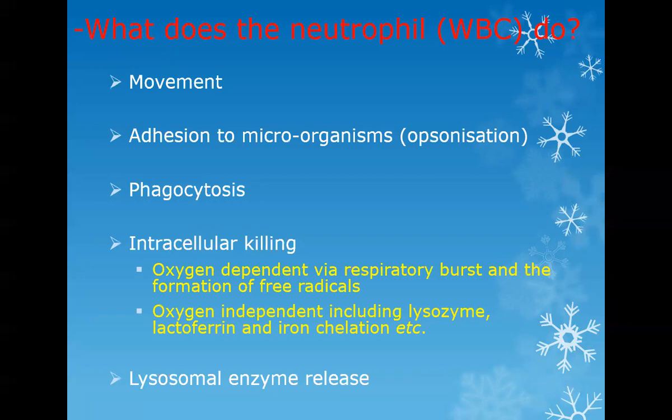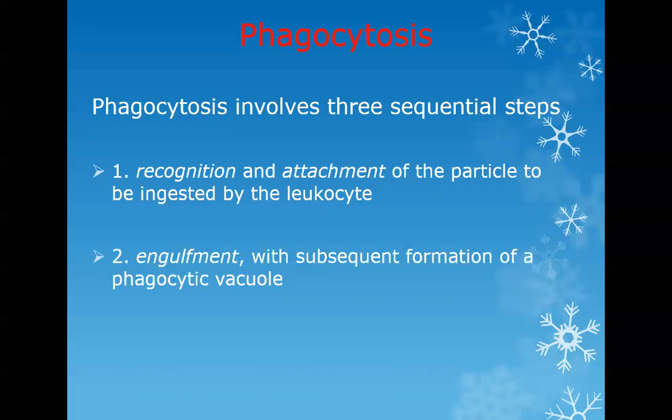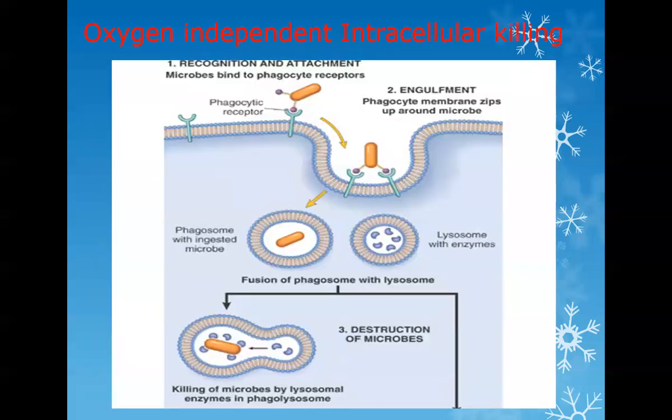Important one. Okay, so they recognize the bacteria with the phagocytic receptor. I have told you already. They engulf the bacteria, and finally they degrade and kill it. This is how it looks. We have the phagocytic receptor, which I have already shown in that picture. They recognize the bacteria and pull it in as a phagosome.